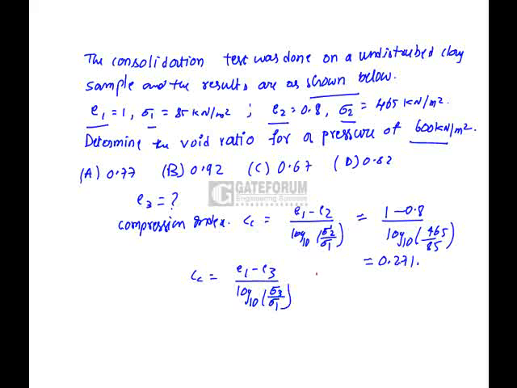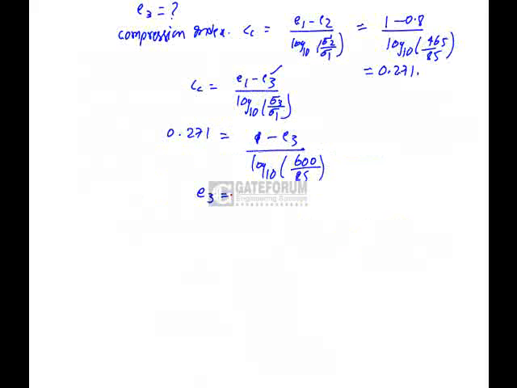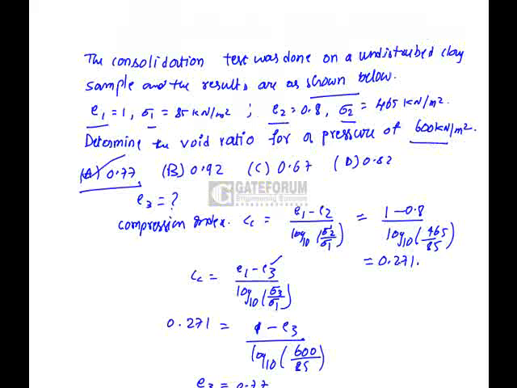Sigma 3 we know, e3 we have to find out. So 0.271 is equal to 1 minus e3 divided by log base 10 of 600, that was given in the question, by 85 from the above data. Using this equation we can calculate e3, that is 0.77, and option A is correct.